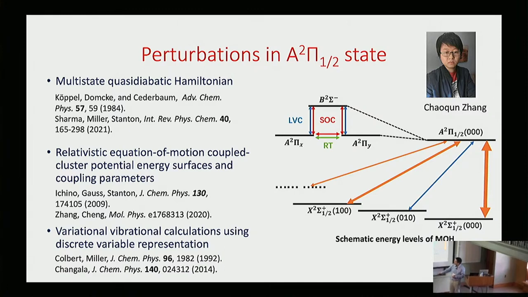For internal coordinate representation, Brian Shangala has a very powerful program called Nitrogen that can do multi-state quasi-diabatic calculations. I think this paper was when Brian was an undergraduate student in Bob Field's group at MIT, and Brian is on the first floor of this building.